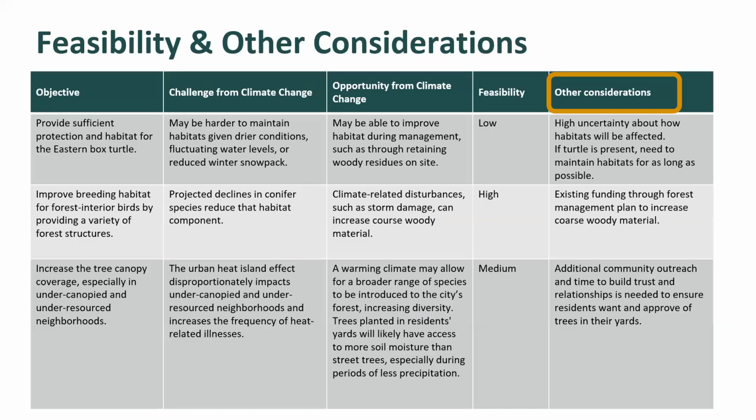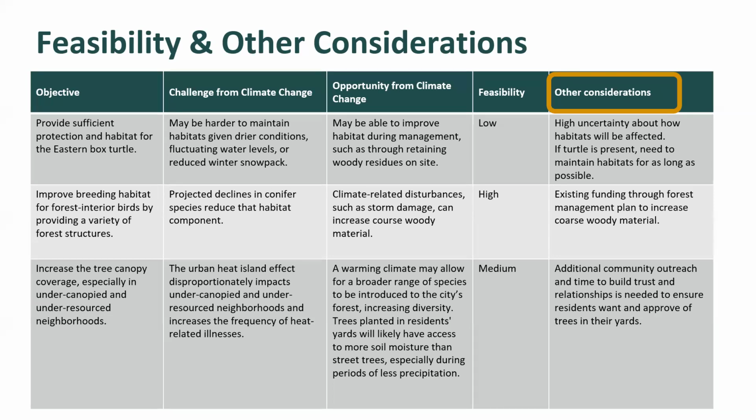So returning to our example on breeding bird habitat, under other considerations for this objective, we identified that there is existing funding through forest management that can help support the creation of coarse woody material. In the third example, we have an objective to increase tree canopy cover in under-resourced neighborhoods, which also have disproportionate challenges related to the urban heat island effect.